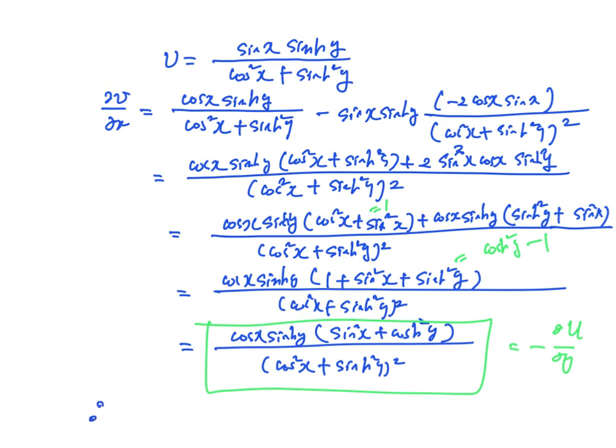So we have Cauchy-Riemann conditions satisfied. So that means f(z) is differentiable. That's half of the story, right? So actually we need to find the derivative.